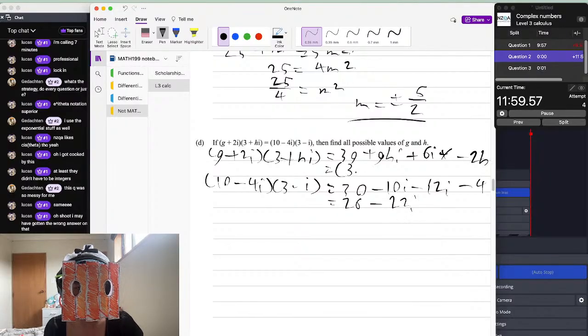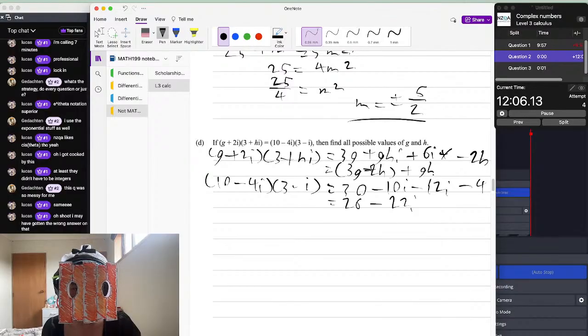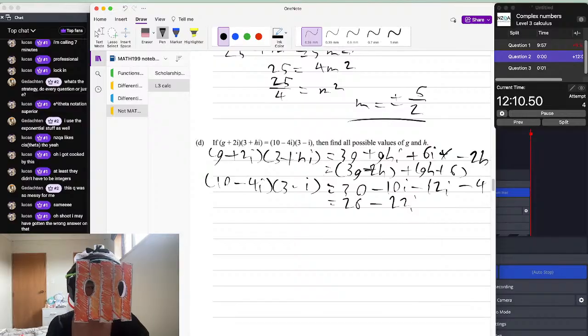And that simplifies to 3g minus 2h, and gh plus 6, I think. Yep, gh plus 6.